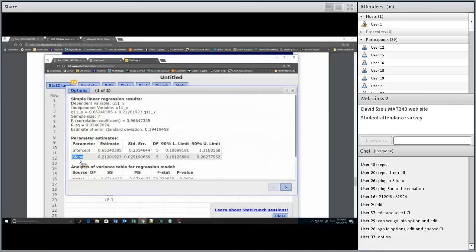And there you go. The slope has a lower limit of 0.1612 and an upper limit of 0.2627. So what is interesting here? 0 is not included. So remember, 0 is not included for the slope. That means the slope cannot be 0.